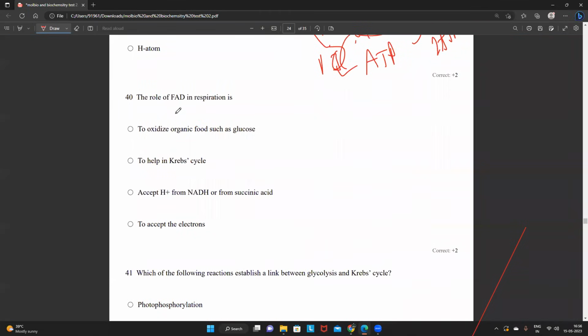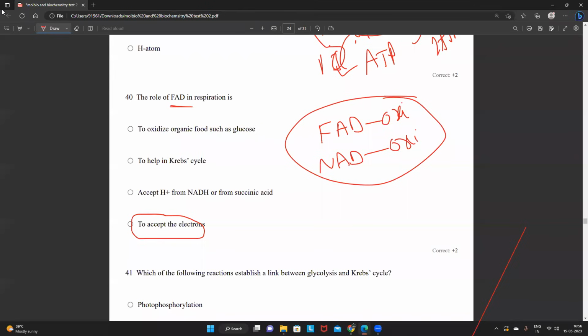Then the role of FAD. 90% of the students have answered this question wrongly. 90% of people. Role of FAD. Most of the students answer that it is to accept the electrons. Friends, I told you very clearly, every student use your brain. FAD is the oxidized form. NAD is also an oxidized form.